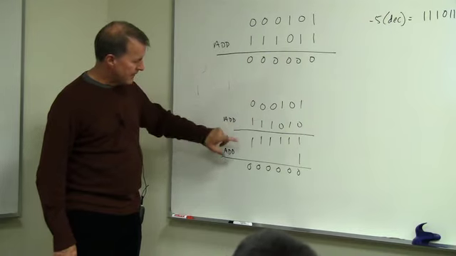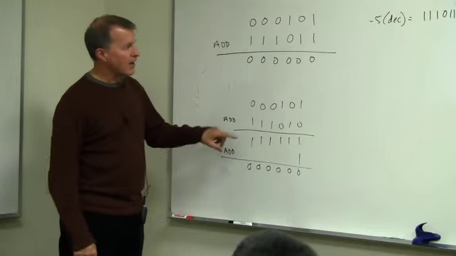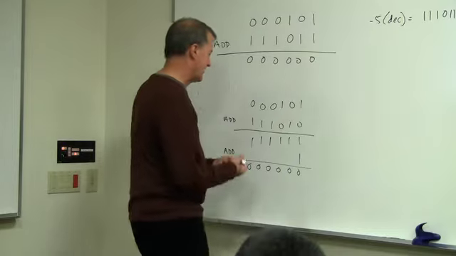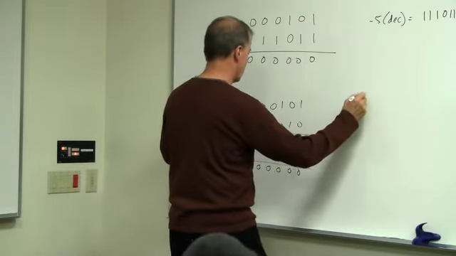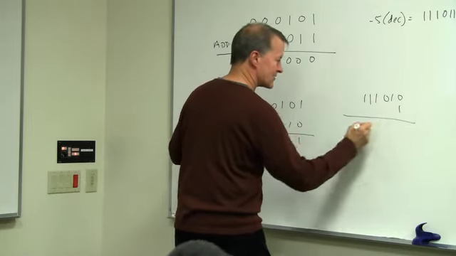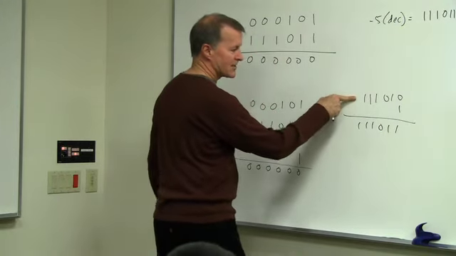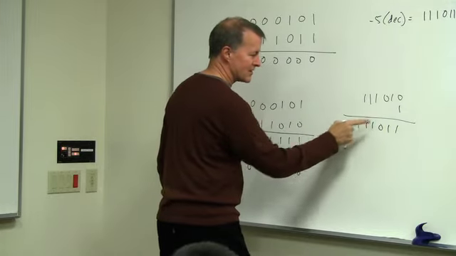And then adding 1 to that is the neg. To negate this, it's 1, 1, 1, 0, 1, 0, and then adding 1 to that gives 1, 1, 0, 1, 1, 1. So this is the not, and then plus 1 is the neg.